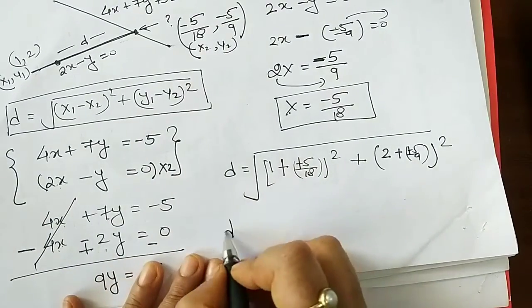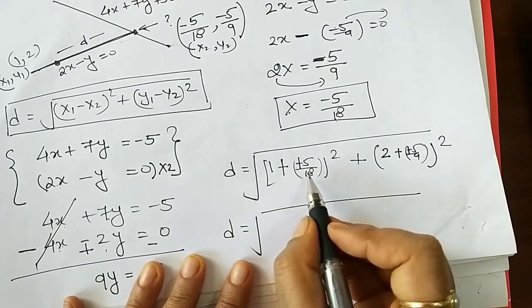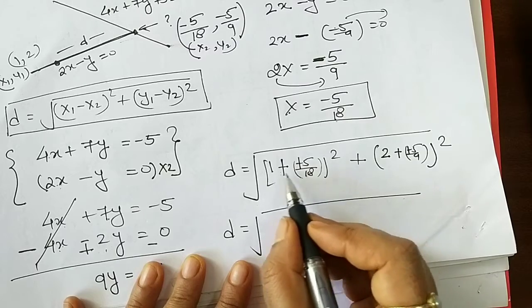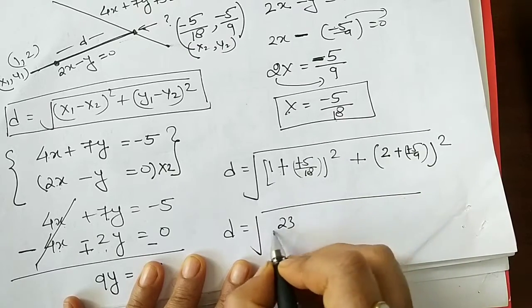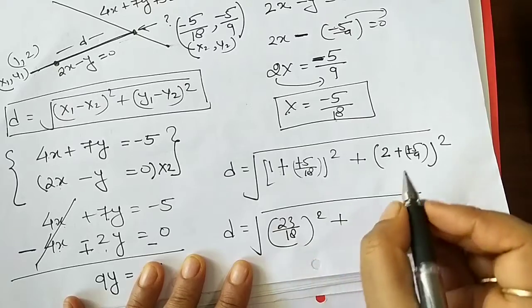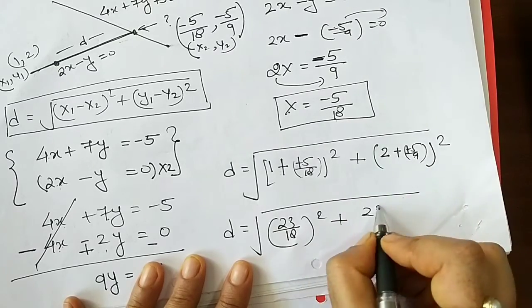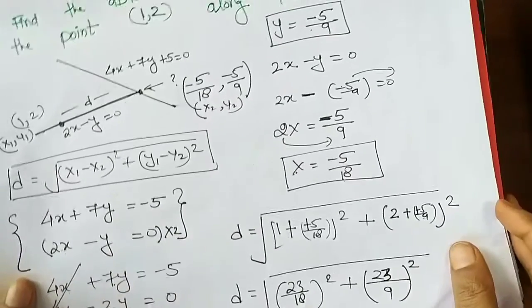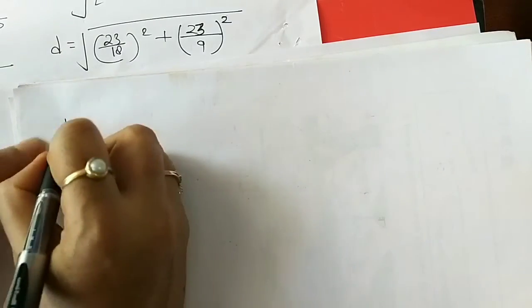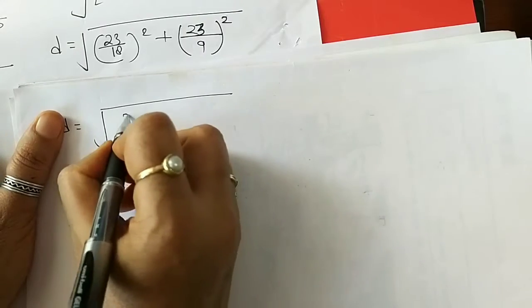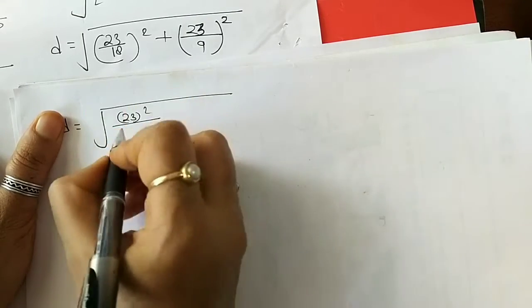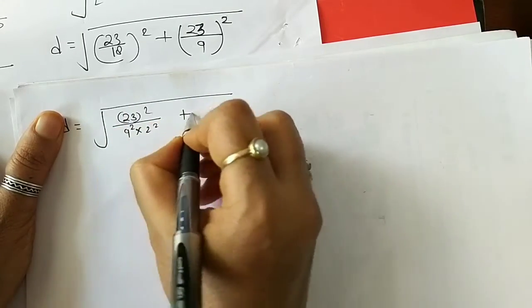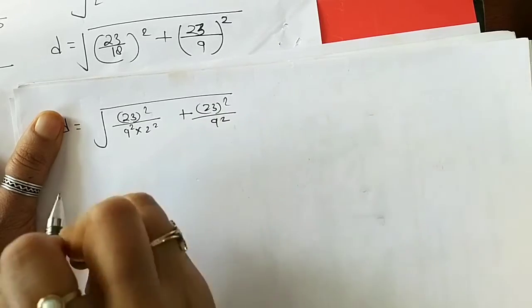Now guys, I'm doing it a little bit fast, so I think you understood. This plus this will be 23 by 18 square, plus this will be 23 by 9 square. If I further solve it, I can write d is equal to root of 23 square by 18 square, 9 square into 2 square, plus 23 square by 9 square.